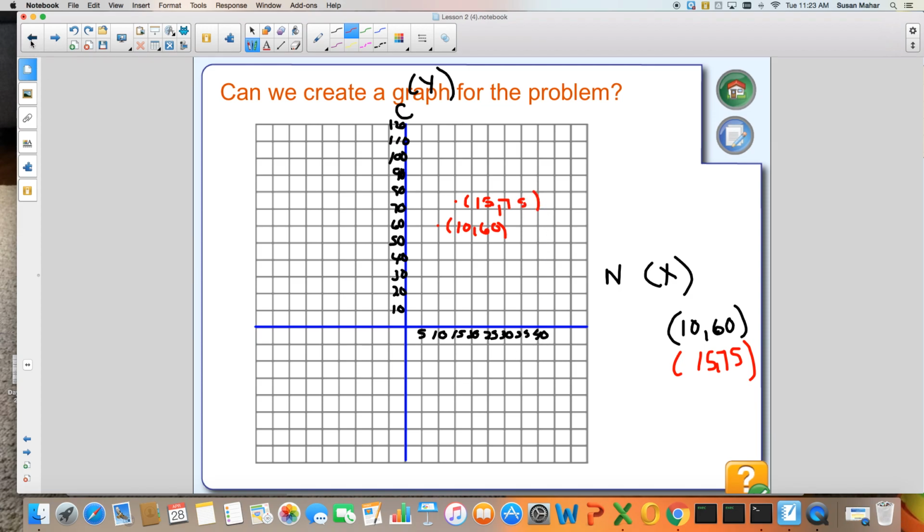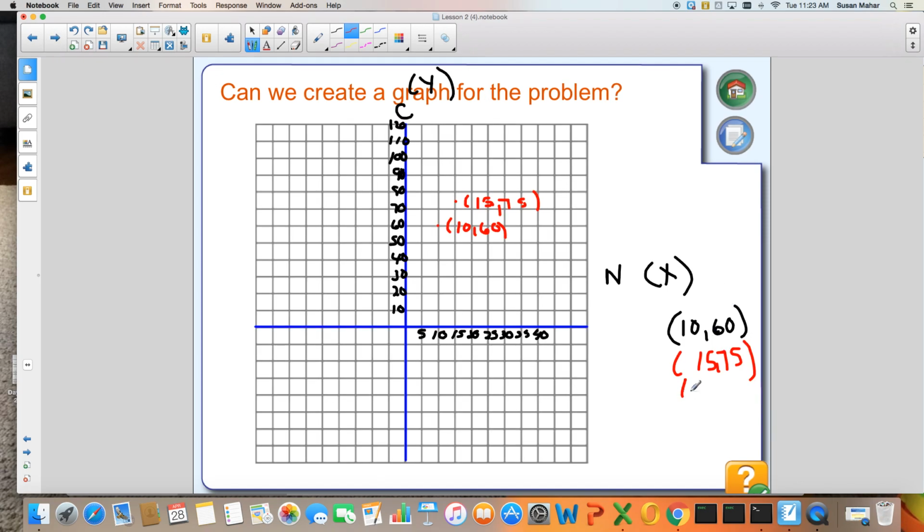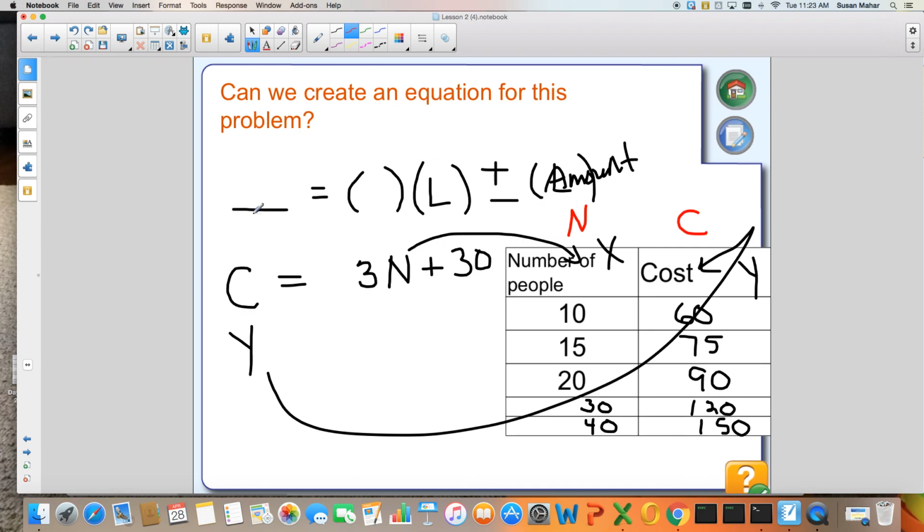Go back and pick up my next ordered pair, 20 and 90. I'm going to put it down here, 20, and go up to 90. And I've got 20 and 90. Then I go back and pick up my last ordered pair.